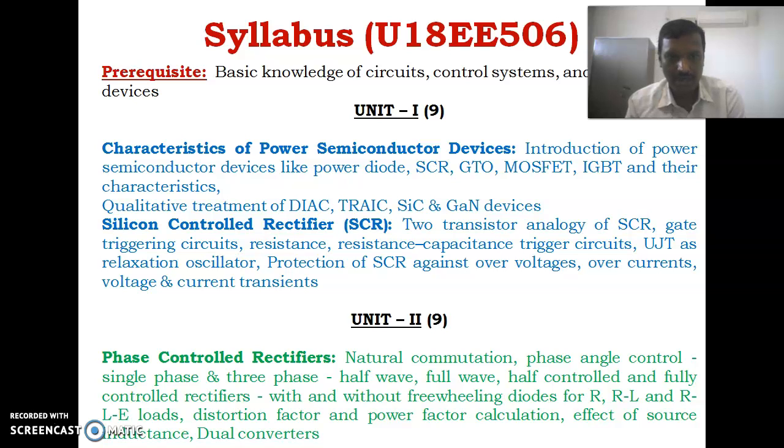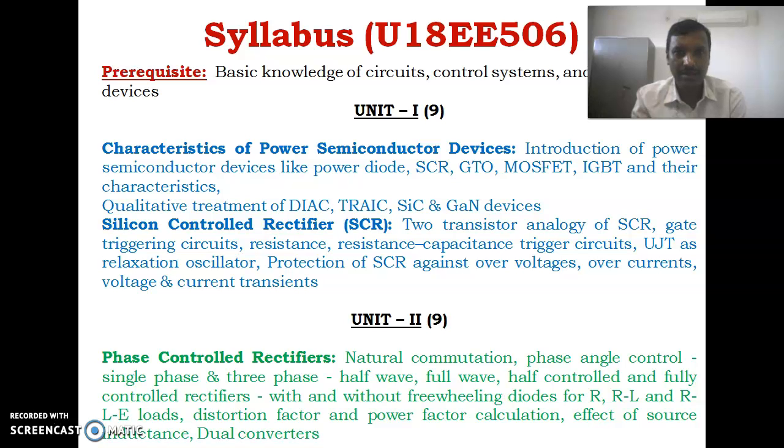I also want to find the quality of AC on the supply side and the quality of DC on the load side, so some factors are required: the distortion factor and power factor calculations. In addition, in the second unit we deal with the effect of source inductance on the rectifiers and also the dual converters, to operate the rectifier in the 4 quadrants.